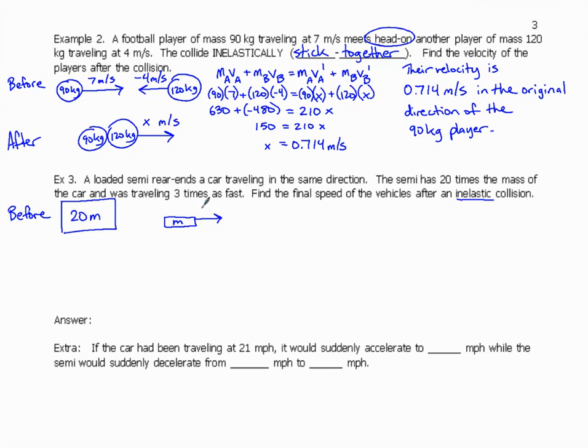So let's say the car has velocity v, and the semi has the velocity of 3 times v. Make this velocity vector a little bit shorter, a little more representative. So here are my initial conditions.